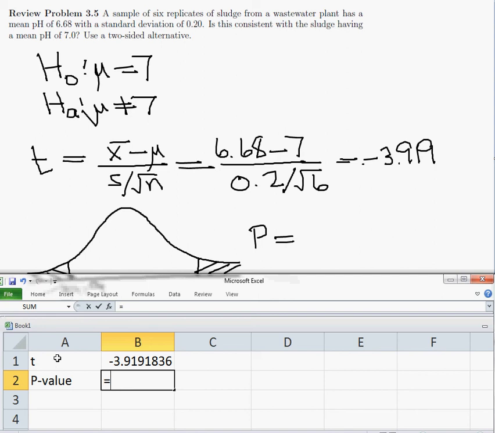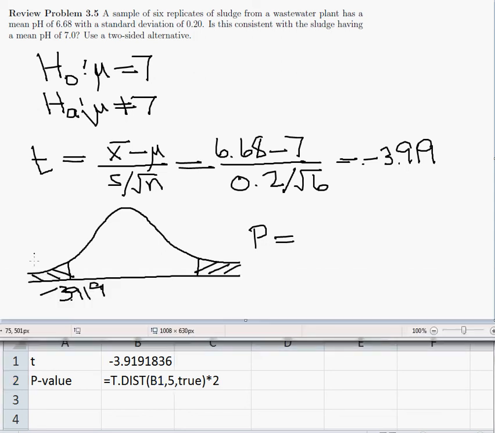The p-value, well, there's a few ways of getting this. The first way would be t.dist of this number with 5 degrees of freedom, n minus 1. It's cumulative, so true, and then multiplying that by 2. So taking the area to the left of negative 3.919 and then simply doubling it, because the t-distribution is symmetric about 0.